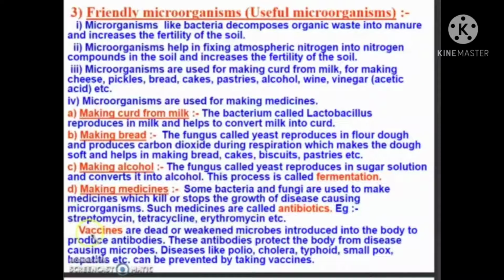Now one more thing, vaccines. How are these vaccines produced? We use dead or weakened microbes in the vaccines. We take the dead or weakened microbes and introduce them into the body.